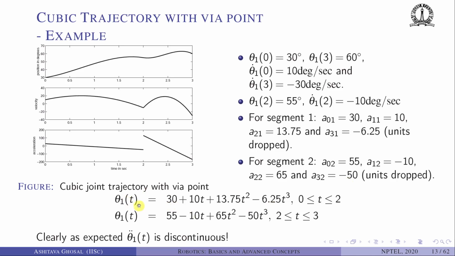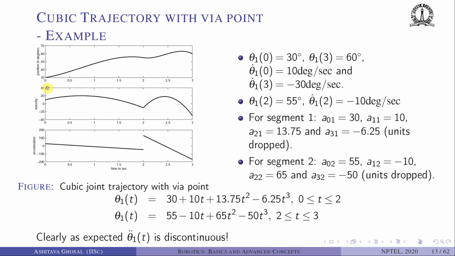So the equations for the cubics are: theta 1(t) is 30 plus 10t plus 13.75t square minus 6.25t cube, where t lies between 0 and 2. And likewise for the second segment, theta 1(t) is 55 minus 10t plus 65t square minus 50t cube, where t lies between 2 and 3.